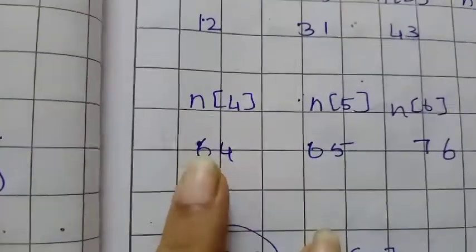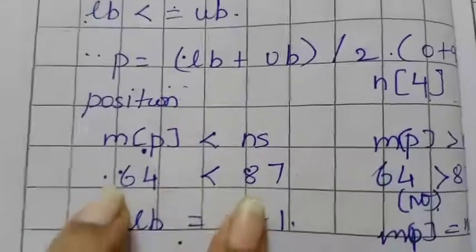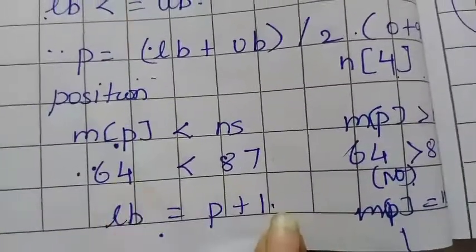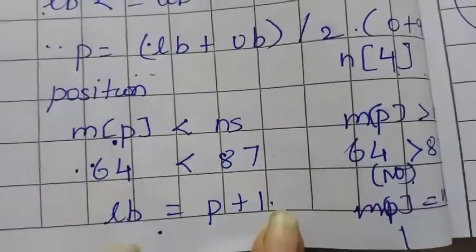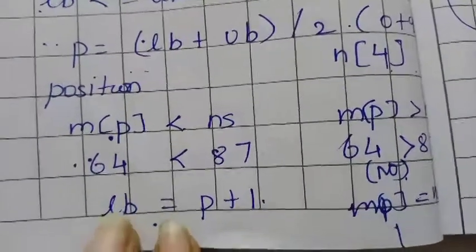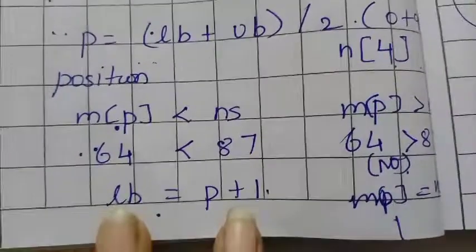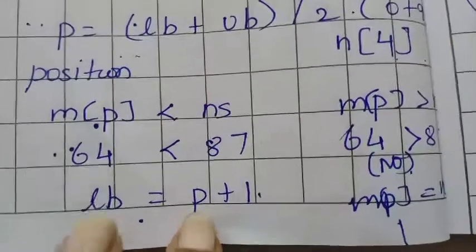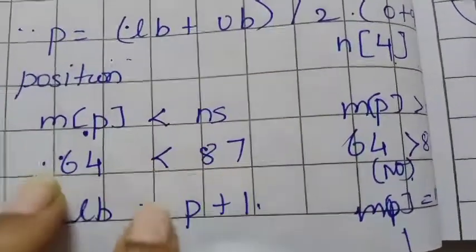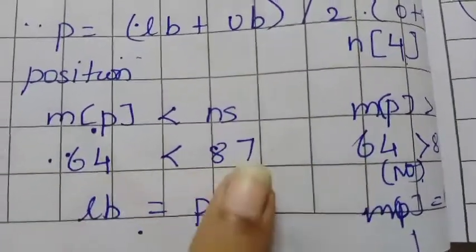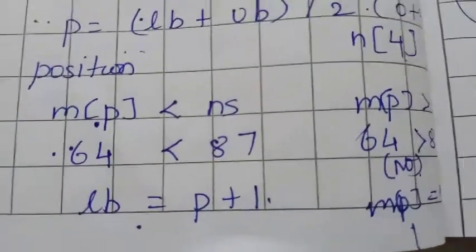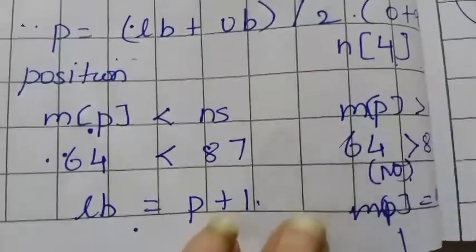So we are going to check whether 64, that is m of p, 64 is less than 87. If it is less than 87, what we are going to do is LB, that is your lower bound, is equal to p plus 1. Since this is your middle element and it is smaller than 87, 87 is not going to be in your lower part, it is going to be in your higher part only.